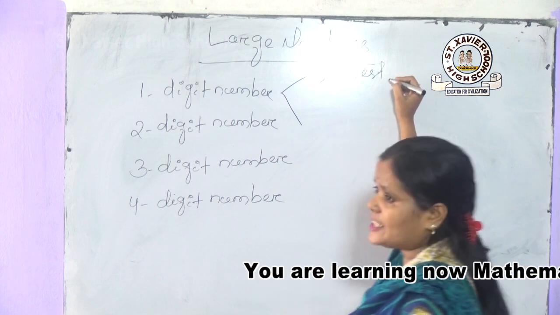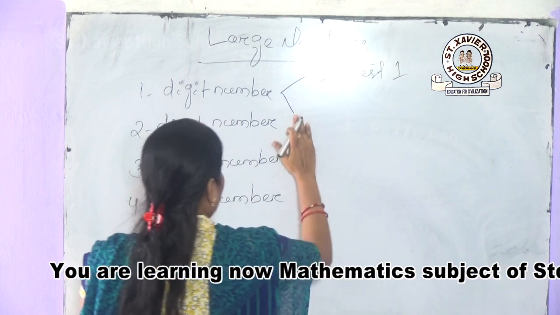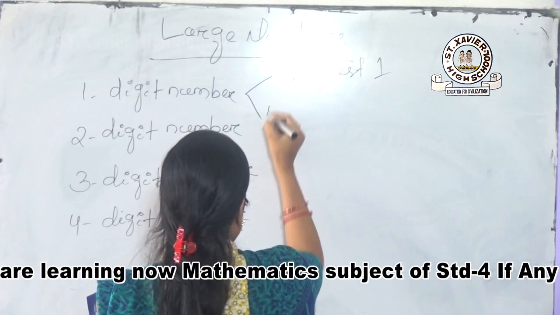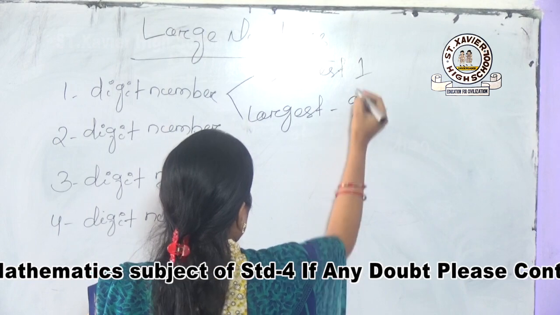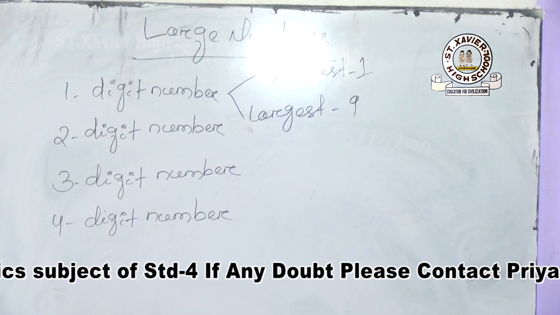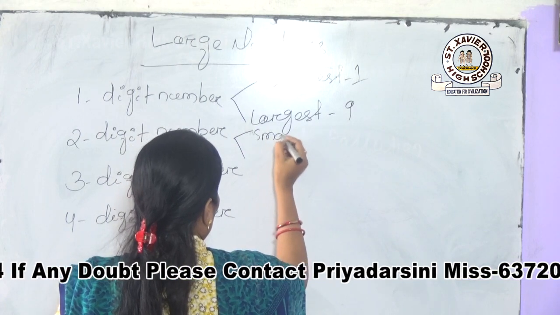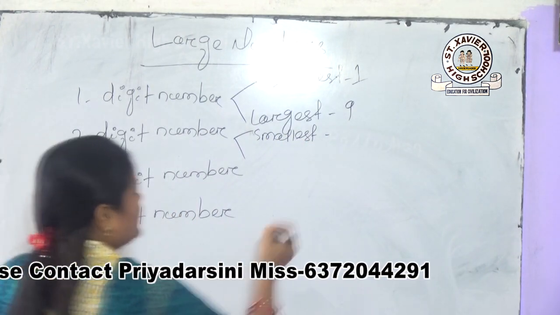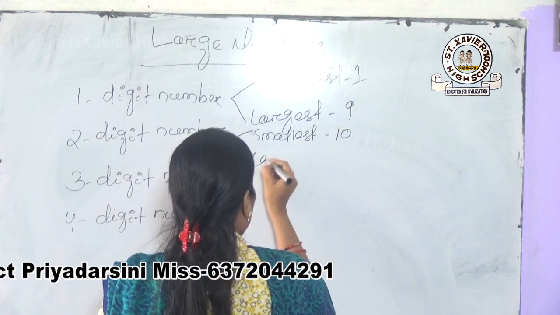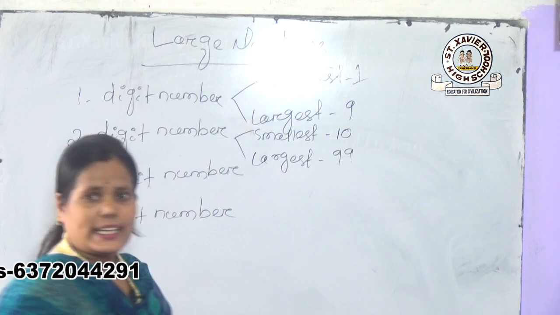Smallest one digit number is 1 and the largest one digit number is 9. And the smallest two digit number is 10 and the largest two digit number is 99.